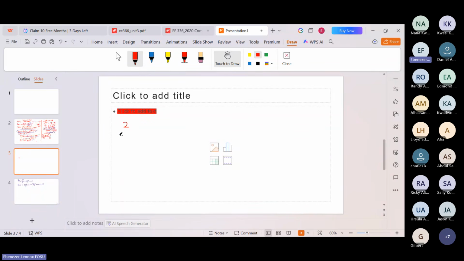Can you see what I'm writing now? Okay. I'm coming. Let me see.